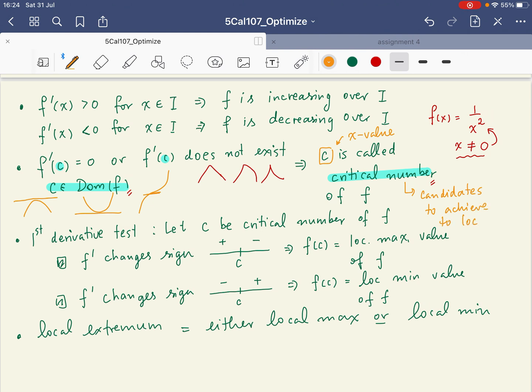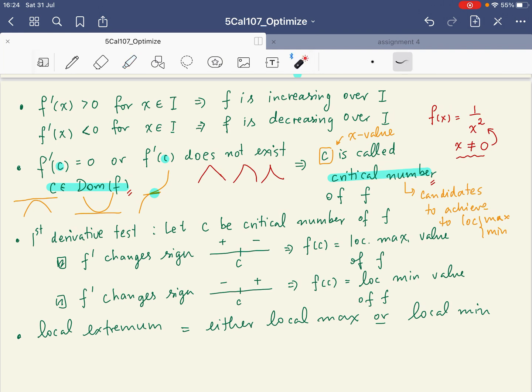By candidate, it means that it can be either max or min, or it can be nothing. For example, if your critical number looks like that, it is not a hill or a valley, right? So it's nothing. It can be either a local max, a local min, or not an important point on your function.